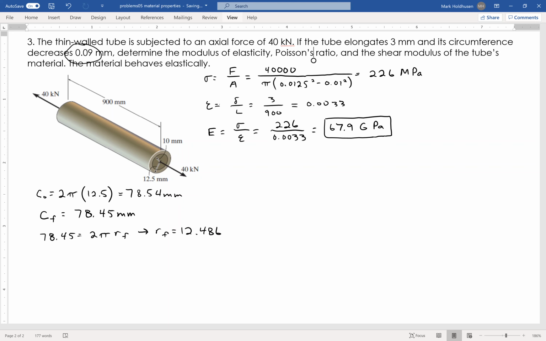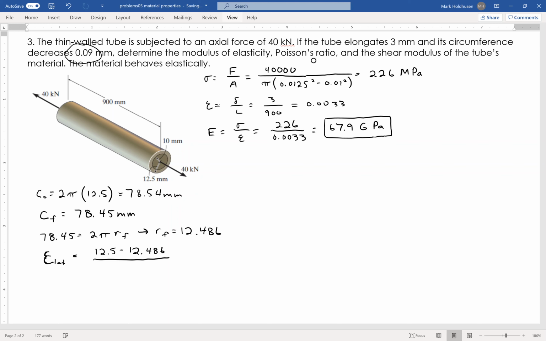Okay, so from that radius, I can now find my lateral strain. That is the strain of the radius, just by taking the change in it. So let me just write it, it'll be easier. So 12.5 minus 12.486, right?